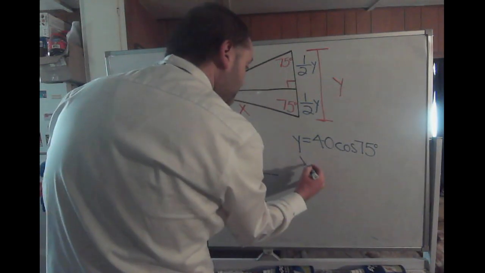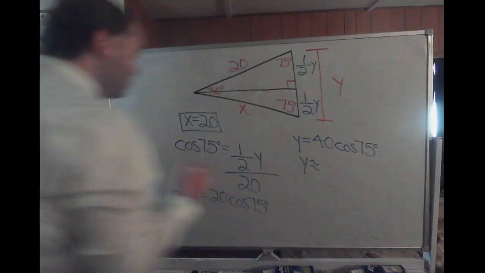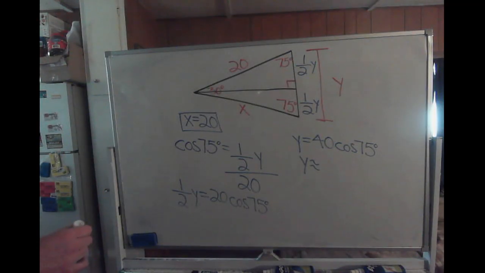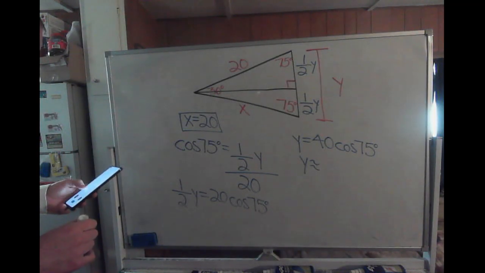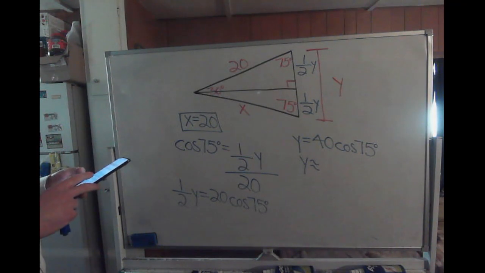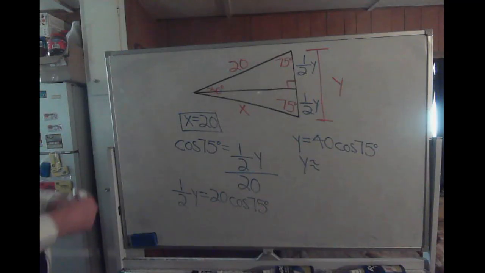And then now we can proceed to get our decimal approximation here to 2 decimal places. So let's go ahead and do just that. 40 times the cosine of 75, so that would give you about 10.35.